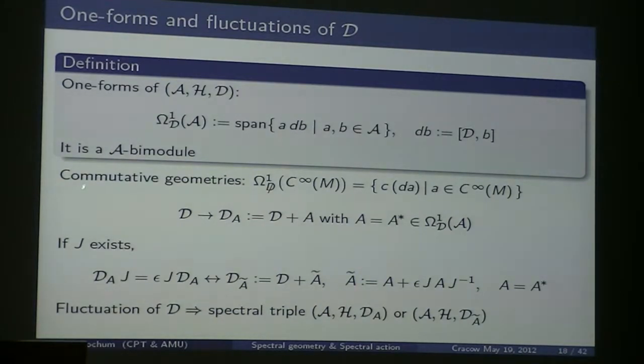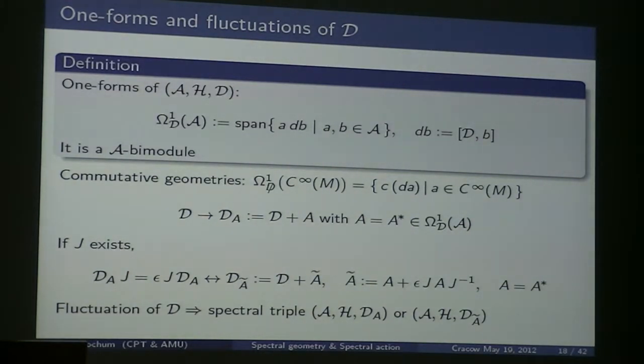And precisely in the commutative geometry, the 1 forms associated to the Dirac operator are precisely c(dA), so the usual differential of A, a smooth function, and c is just the Clifford multiplication. You know, you have the gamma matrices in the game.